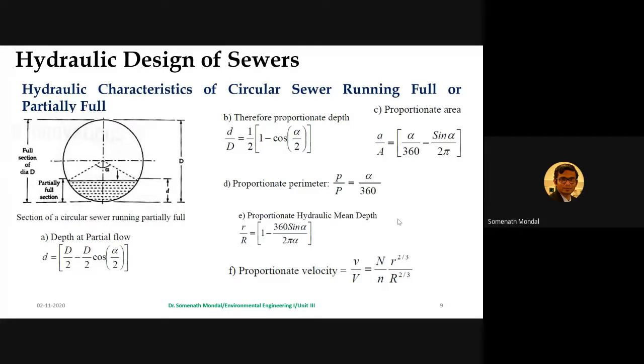The effect of flow variations on velocities in a sewer: the discharge flowing through the sewers varies considerably from time to time. All of you know that. Hence, it again depends on the rate of consumption. So throughout the day, if you are analyzing, the maximum discharge which you can get in a particular sewer will not be there throughout the day.